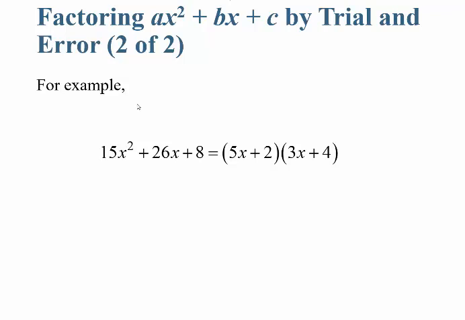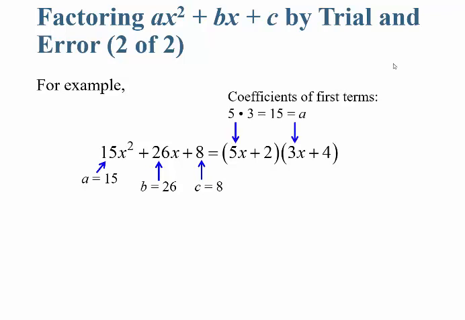When you look at this, 15x squared plus 26x plus 8, it's going to factor into this. We know that a is equal to 15, b is 26, and c is equal to 8. So you're looking for coefficients of the first terms, 5 times 3, such that they equal 15, and the coefficients of the last terms must multiply together to be positive 8.